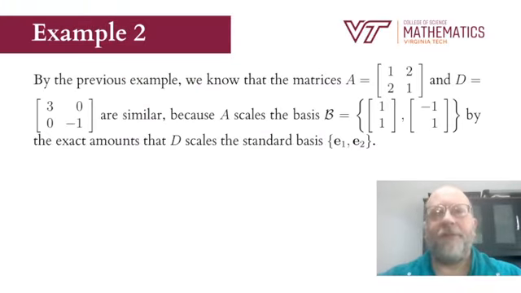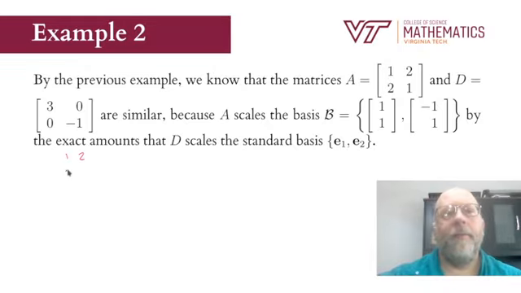In fact, that's what the next slide says. By the previous example, we know that the matrices A and D are similar. Because this matrix scales this alternate basis by the exact amounts that D scales the standard basis. That is, A times B1 is 3B1, and A times B2 is negative B2.